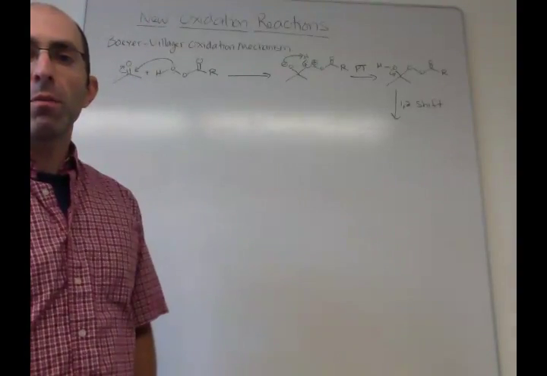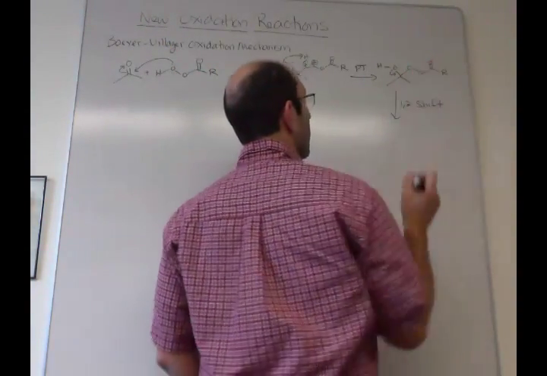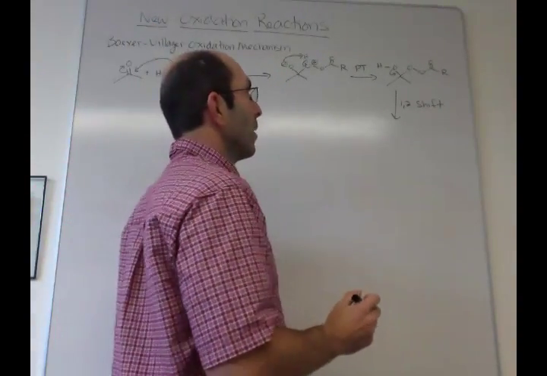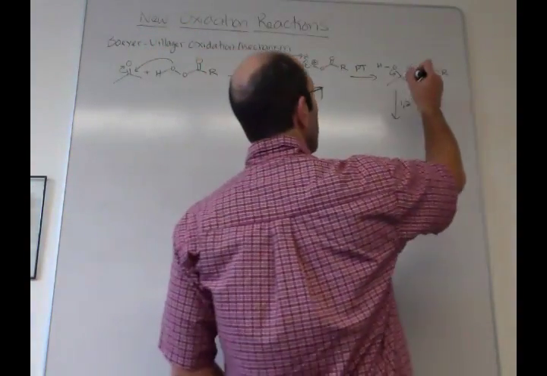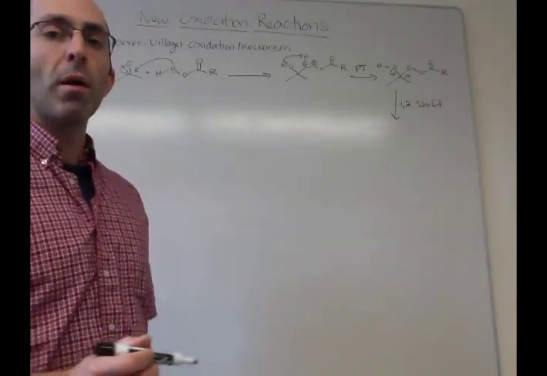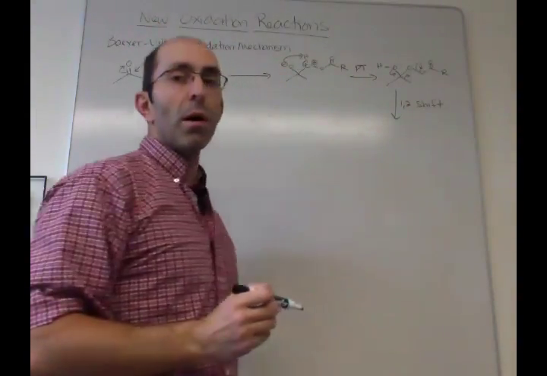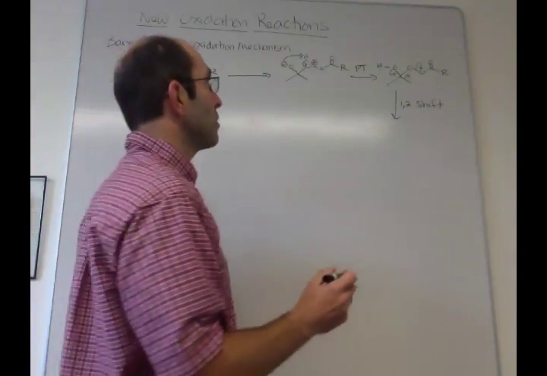But another thing that we could do is to break a carbon-carbon bond and form that new bond, which is the result of a 1,2 shift. We have an atom moving to form a new bond with a different atom by a rearrangement. So if we form that bond, we then have to break the oxygen-oxygen bond, which is a very weak bond, and that's the driving force of this reaction, breaking that oxygen-oxygen bond.